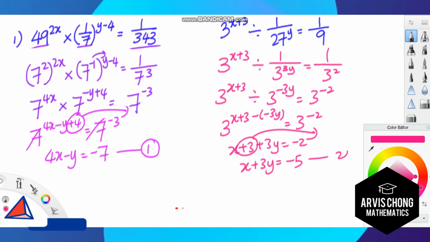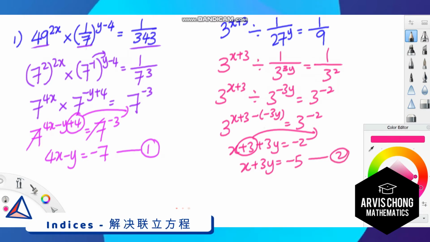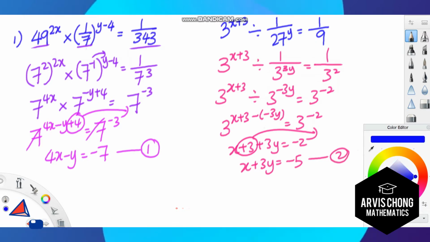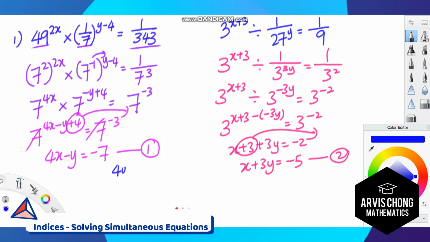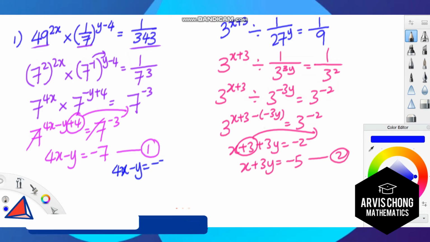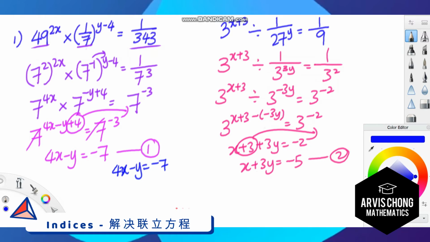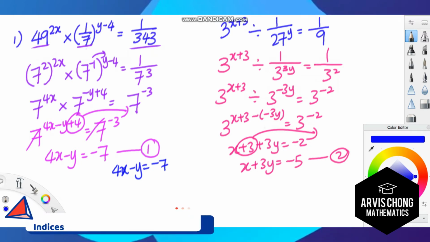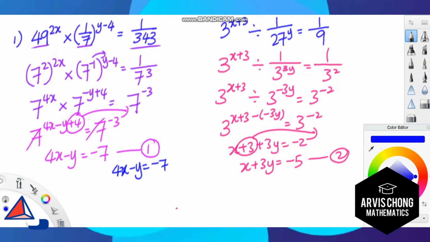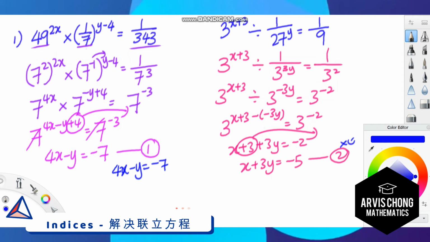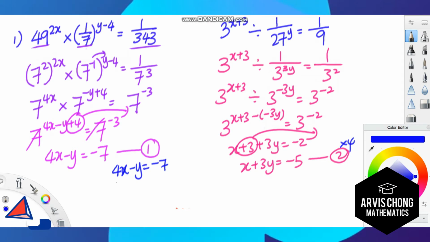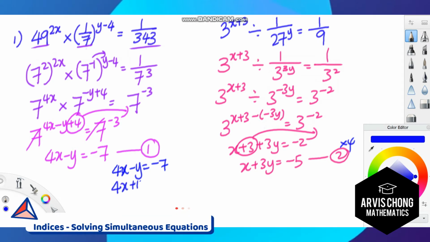Alright, now we have two equations, so we can copy down 4x minus y equals negative 7, and the second equation, x plus 3y equals negative 5. We can change it to have the same x as equation 1, right? So we can multiply equation 2 by 4, hence we'll get 4x plus 12y equals negative 20 for equation number 2.